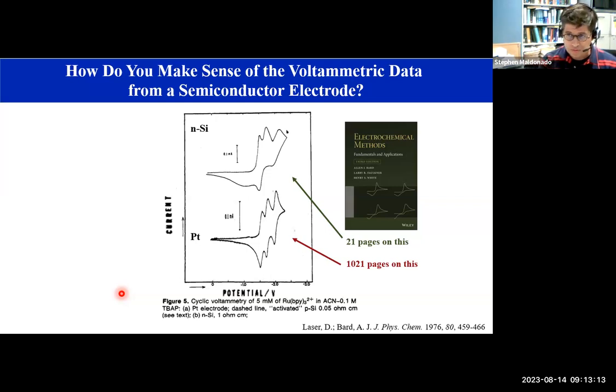For a semiconductor electrode, if you look at the literature, if you look at all of the most advanced treatises on electrochemistry, there's really nothing. The general gist of it is that it's complicated, that it looks kind of like the metal electrode case, but there's otherwise no way to interpret in a meaningful level what that data says.